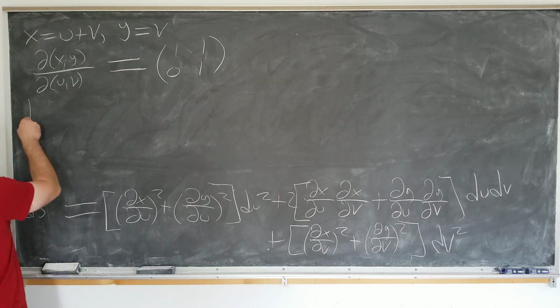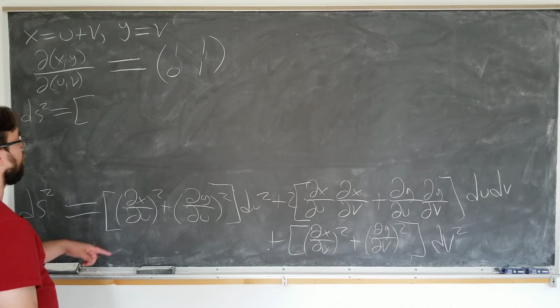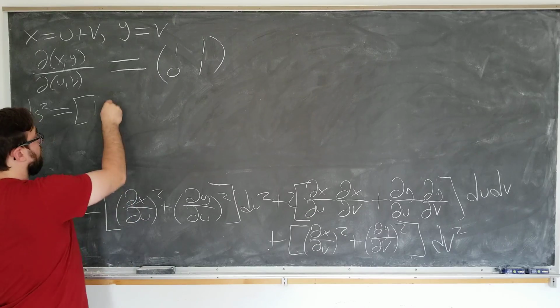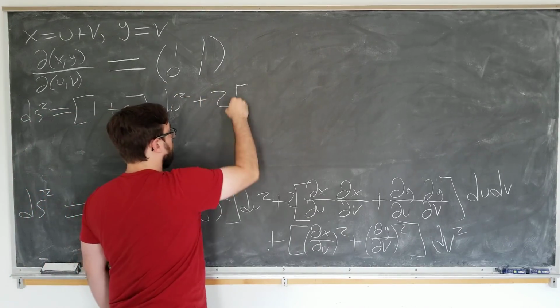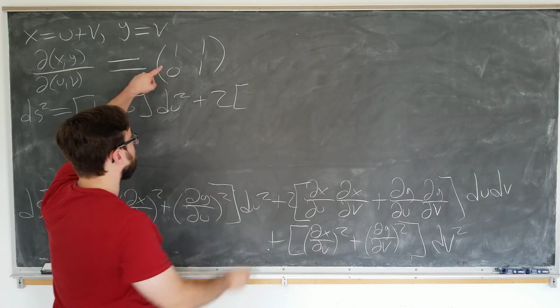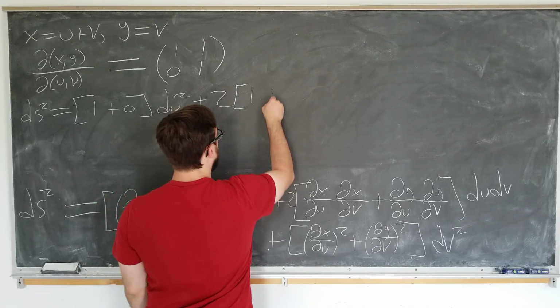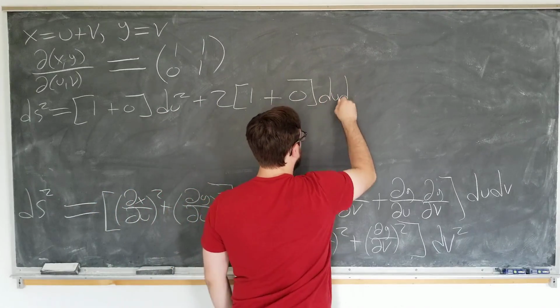All right. Using our formula below, ds squared is equal to dx by du, that's just 1, plus dy by du, that one's 0, du squared plus 2 dx by du, 1, dx by dv, 1, dy by du, 0. Okay, good, done with that.